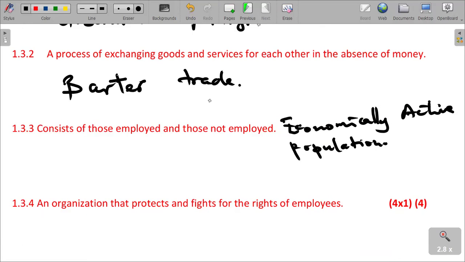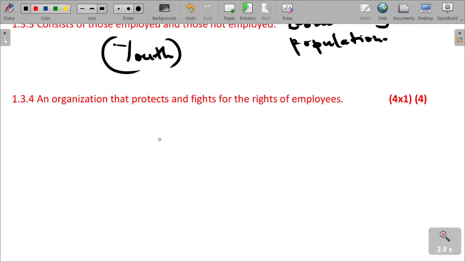They are economically active because they are supposed to be working. We can also say youth, young people who are employed and unemployed: the economically active population.